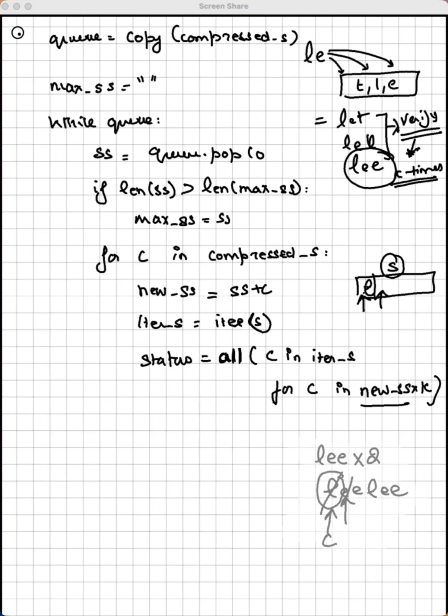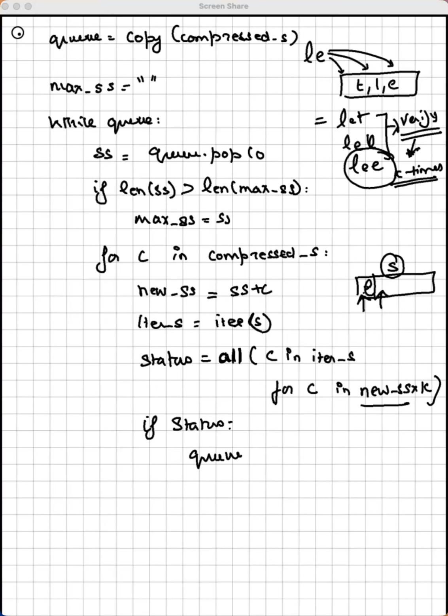If we were able to exhaust this and find that in my S, we will get a true. So if status, then we're good. This is a valid subsequence of length 3 that we identified. Let's add it back. And finally, we return max SS.